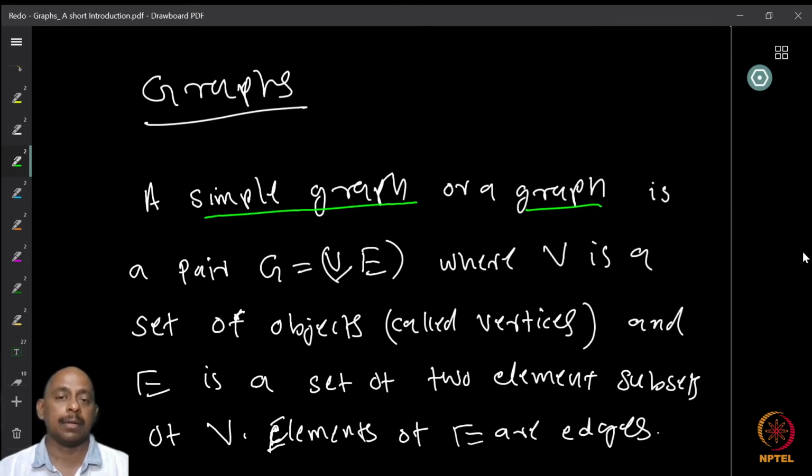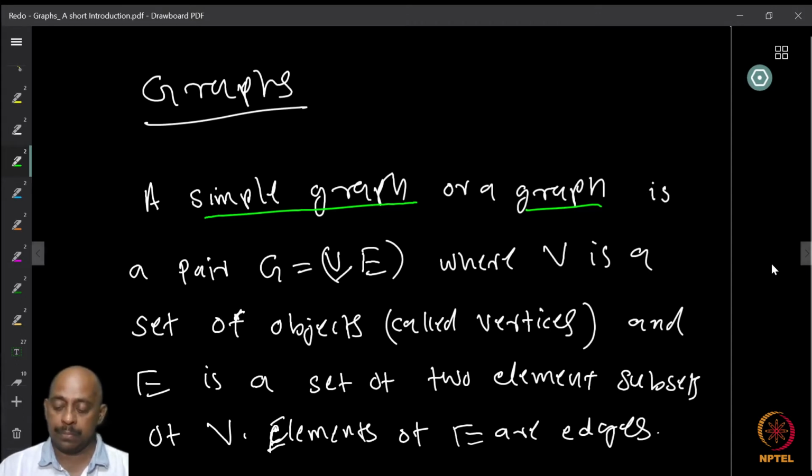So for our purposes, a graph is this: you have a set V whose elements we call vertices, and a set E of binary relations, or a set of two element subsets of V, which we call the edges.